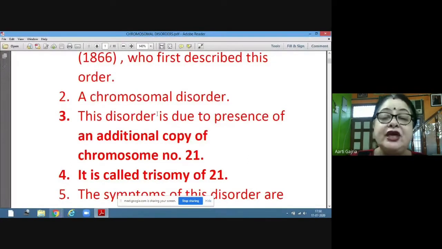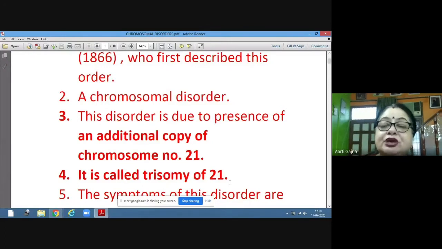But if there is an additional copy of chromosome number 21, that means there are 3 chromosomes number 21. And this is called trisomy of 21.